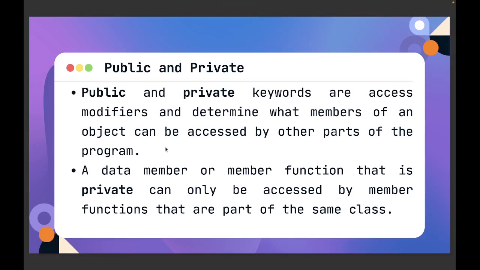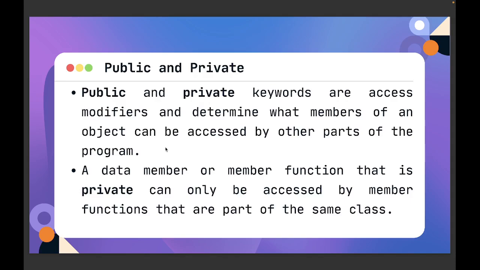Okay? Then, next is the public and private keywords. These are the access modifiers and determine what members of object can be accessed by other parts of the program. So, di ba, na-remember ninyo, if we set the member as private, then ibig sabihin, it cannot be accessed when you instantiate the class as an object.